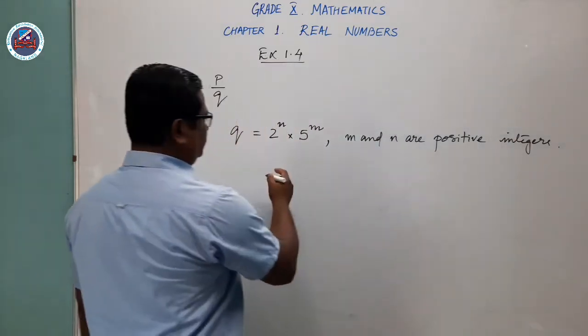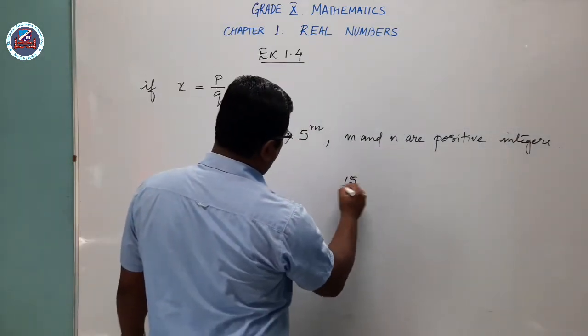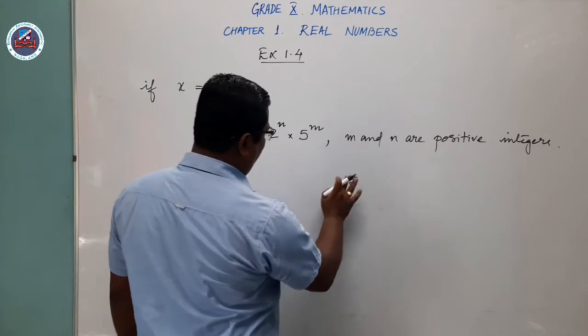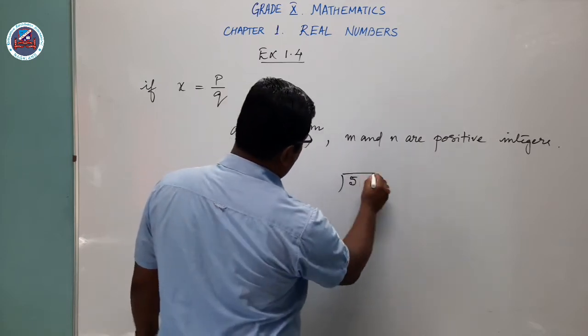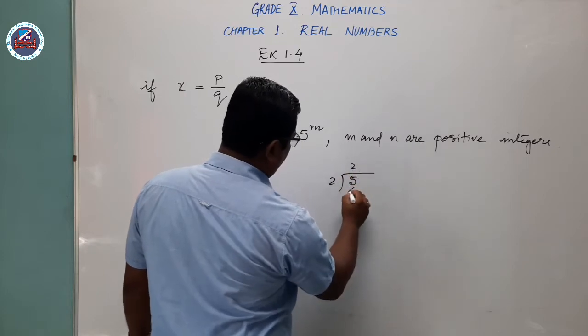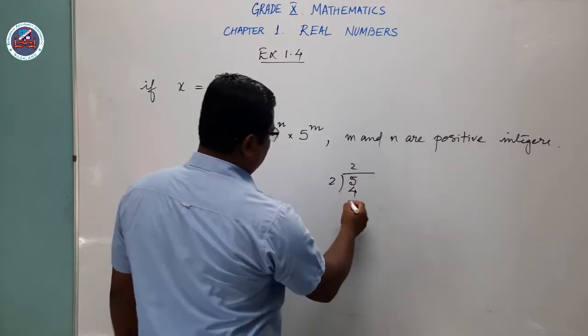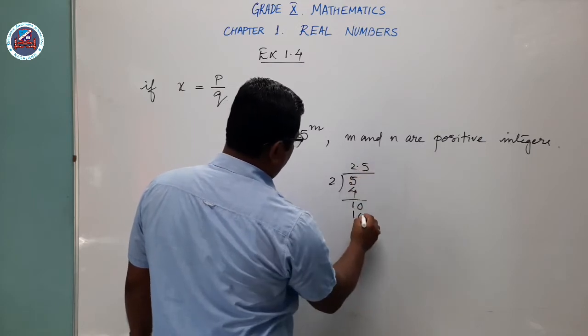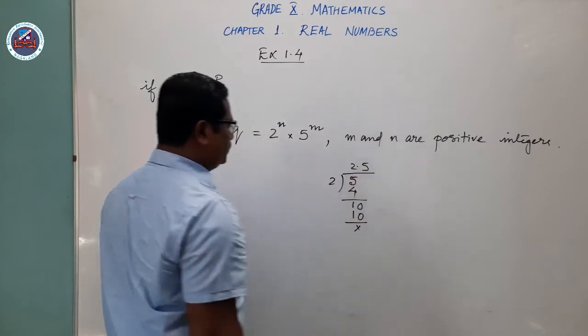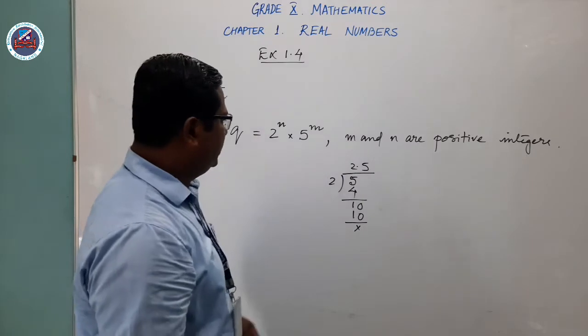Suppose we are dividing 5 by 2. 2 2s are 4. Then 1 0, 2 5s are 10. Terminates means it stops. You can see here very clearly.